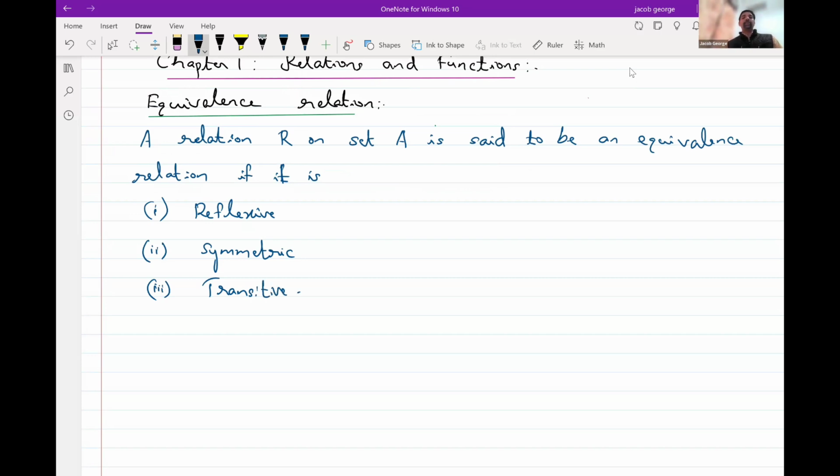A relation R on set A is said to be an equivalence relation if it is reflexive, symmetric, and transitive.